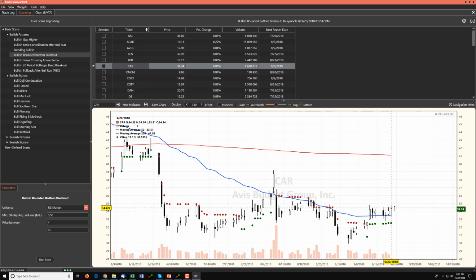So I'm looking at an entry here, 34.92. I'm looking for an entry right in here, so basically above this high, and a stop would be down right in this area, basically the 50-day moving average.